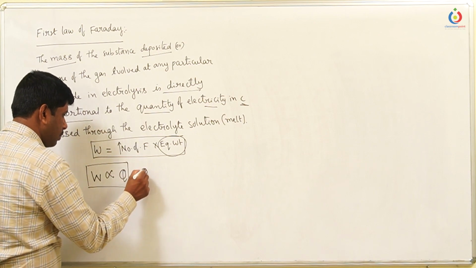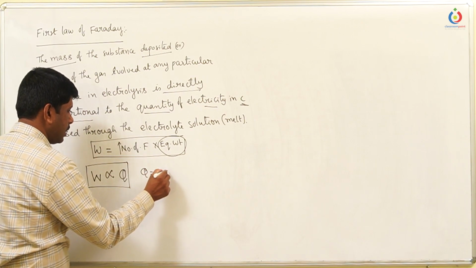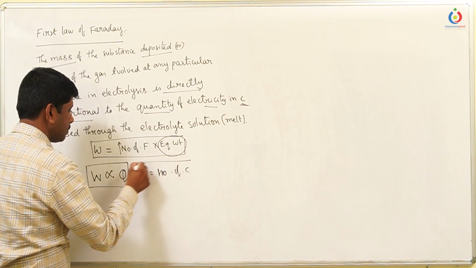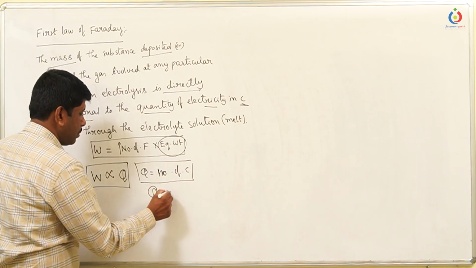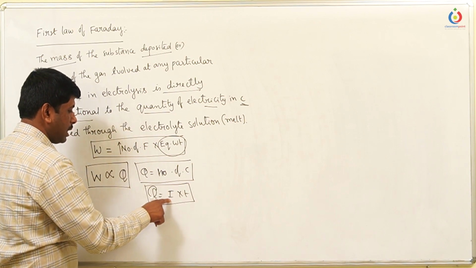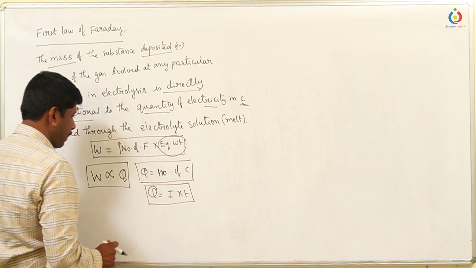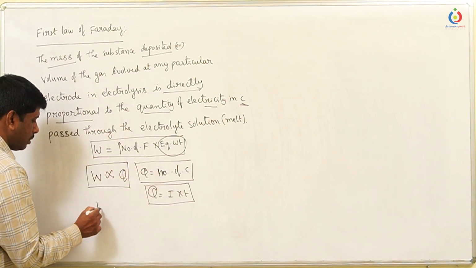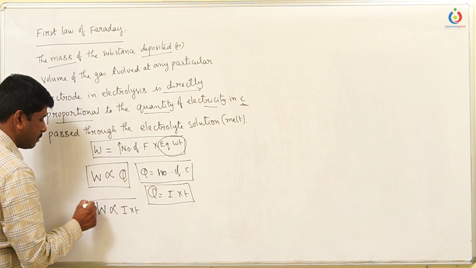Here Q equals the number of coulombs. We know that coulomb equals I into T: 1 ampere of current passed through the solution for 1 second. So coulomb equals current in amperes times time in seconds. You can substitute the value here also, so W is directly proportional to I into T.